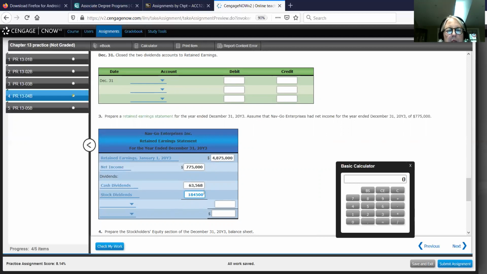The next step is to combine the net income, the cash dividends, and the stock dividends. The stock dividends and cash dividends will decrease the amount of net income. So net income is a positive amount. The dividends will take away from the net income. Those are dividends that you paid out, so we're going to subtract those from the net income. And we're going to subtract out our stock dividends.